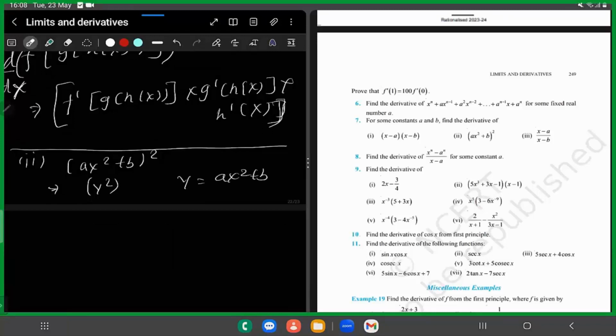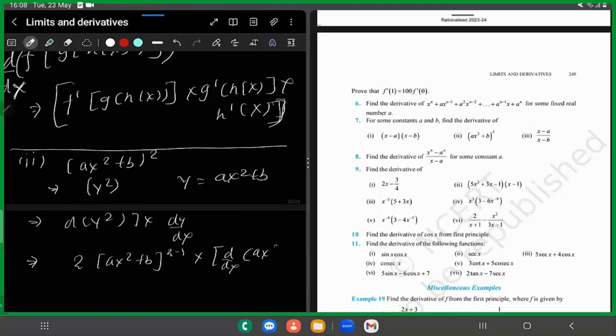How do you find this derivative? This is nothing but the derivative of y^2 and finally the derivative of y with respect to x. If we apply this formula, we get 2 times (ax^2 + b)^(2-1) into the derivative of ax^2 + b.